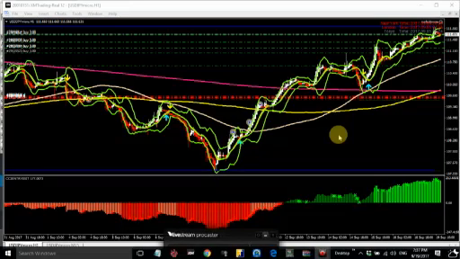Maybe you're the type who takes maybe 2 lots in a day. So with the 2 lots, you don't want to take 2 lots at a time. Maybe you want to split it and take only 4: 1, 2, 3, 4. 0.50, 0.50, 0.50, 0.50. That's 2 lots. But you just split them at different entry points.